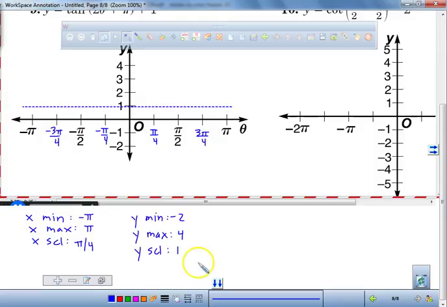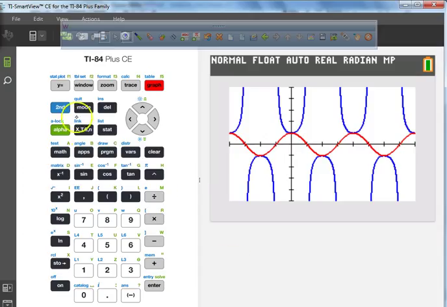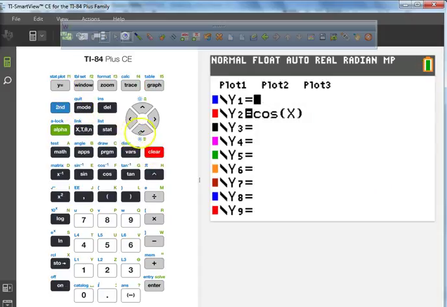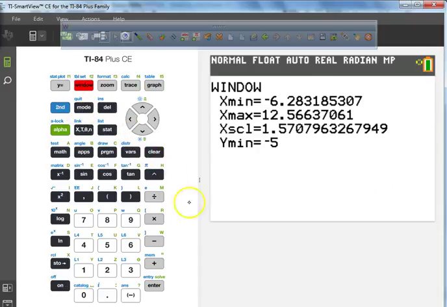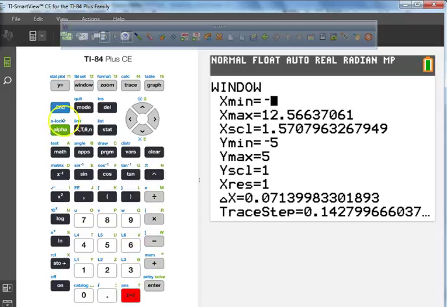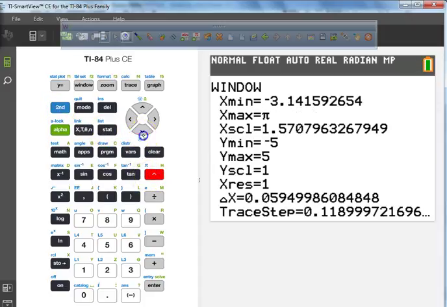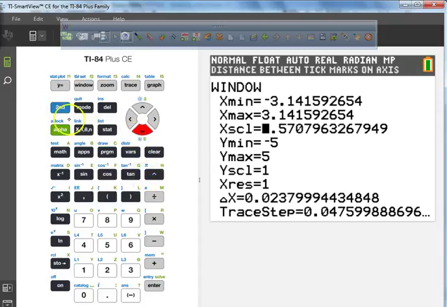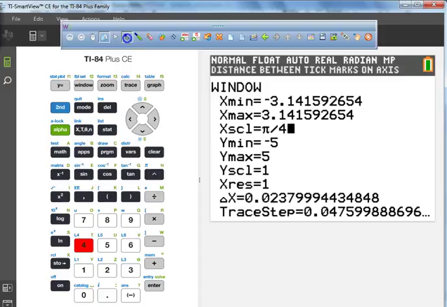So we're going to go ahead and type all of this in right now. Clear this out. Hit window. Going from -pi to +pi. And what did I say my x scale was? That's right, pi over 4. I understand how it could be confusing.